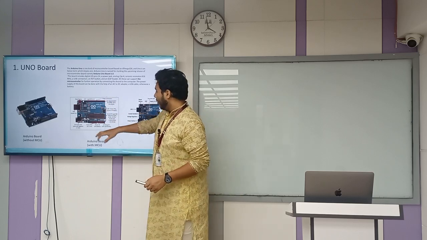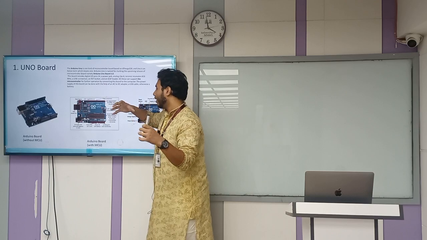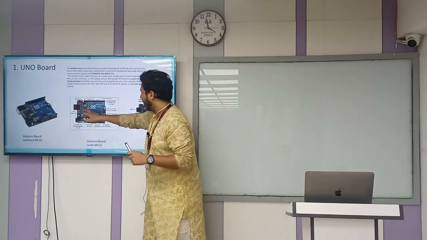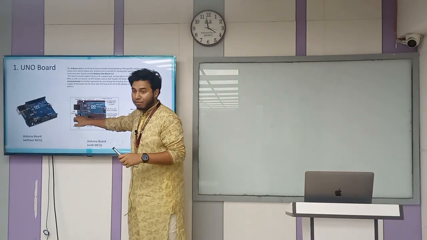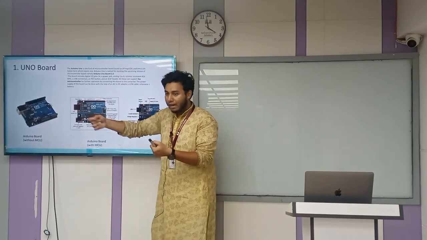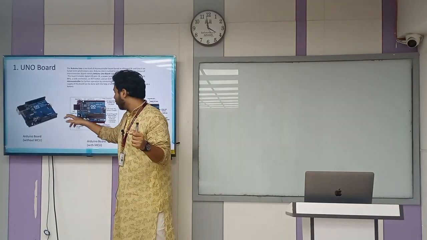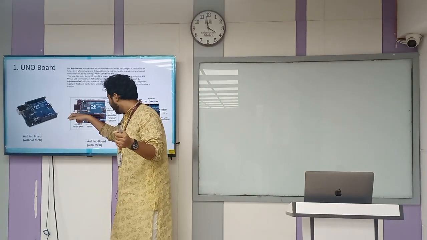These Arduino boards are prominent with different types of elements. Like this one is a USB power 5 volt, which comes from any connector from your laptop or PC. You have to upload the sketch with this USB port.